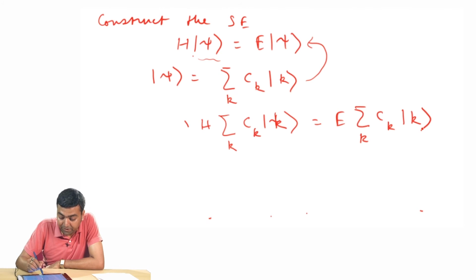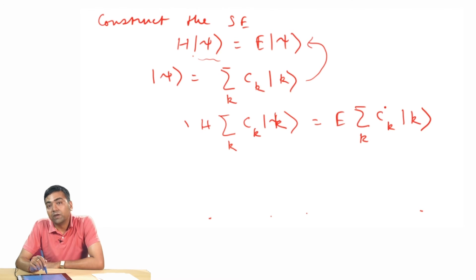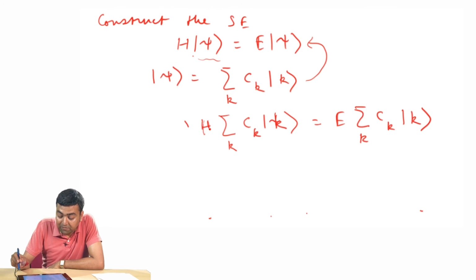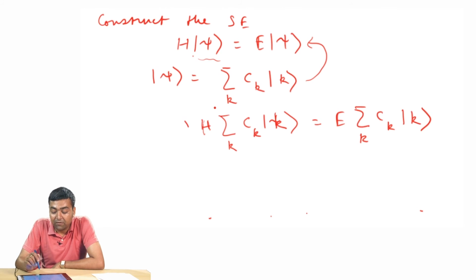Note that we are using these k vectors as my basis vectors, and the C k's are not functions, these are rather numbers. They can be complex or real depending on the problem we are solving, and H is an operator. So, this whole equation is an equation of functions.